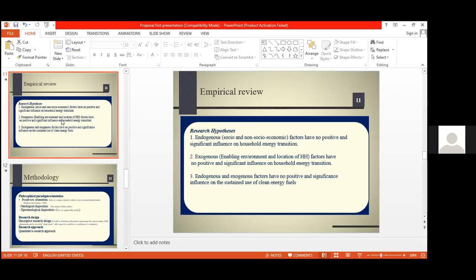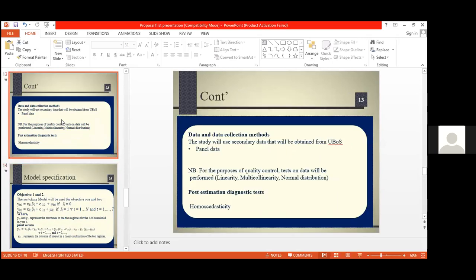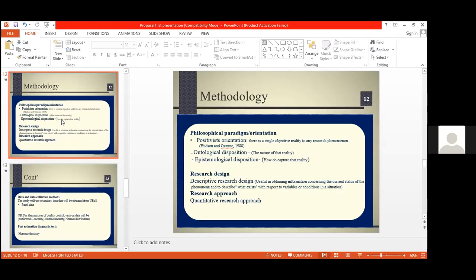Point number 5 is all about the methodology. Professors and other scholars could correct me. We normally have these words: paradigm, research philosophy, and research approach.